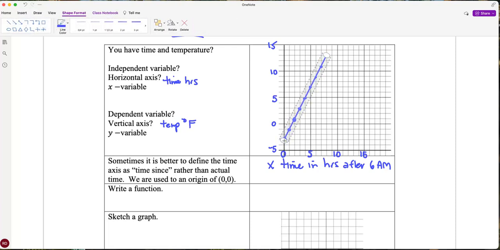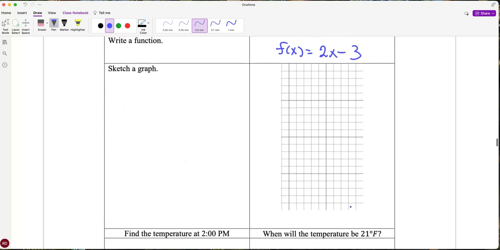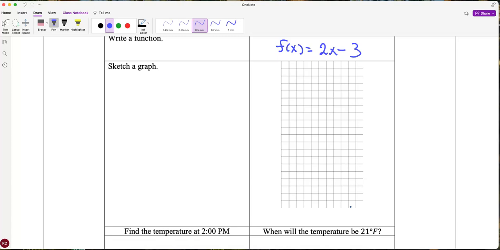There I go. So if I want to write the function, it's going to be f of x equals 2x, and then it starts at minus 3, so 2x minus 3. And then I know what the graph looks like. I just sketched it there.